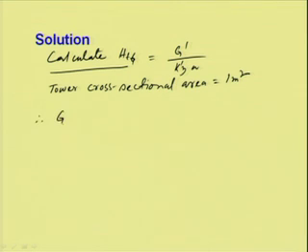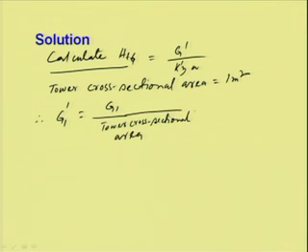Now, we will calculate G1 dash, which would be G1 divided by tower cross sectional area, which is equal to 29.2 divided by 1, which is equal to 29.2 kmol per hour meter square.